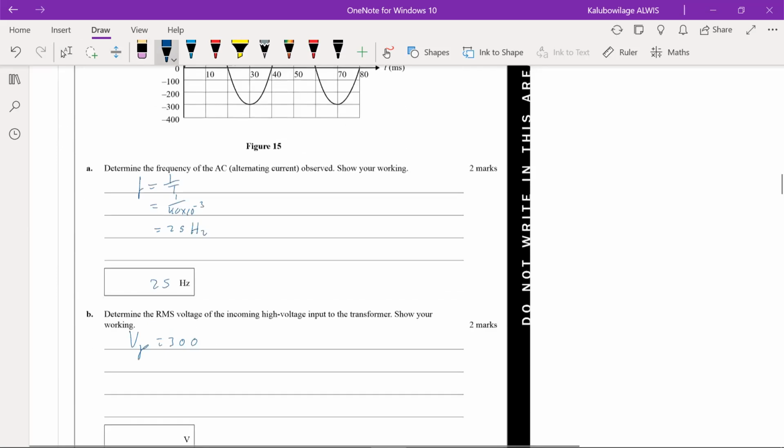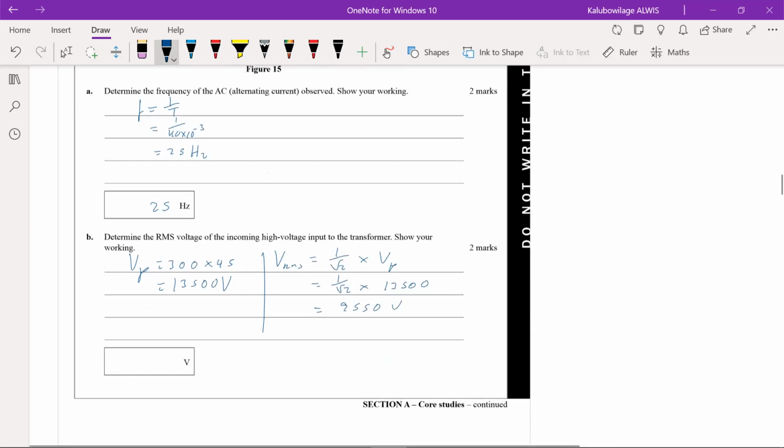It's just multiplied by 45, so 1,000. VRMS is 1 over root 2 times E peak. 1 over root 2 times 1,000 is 955 volts.